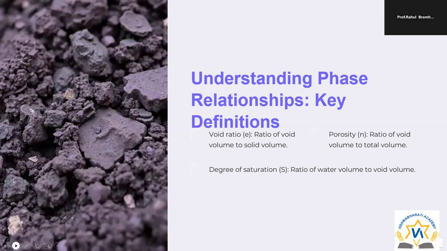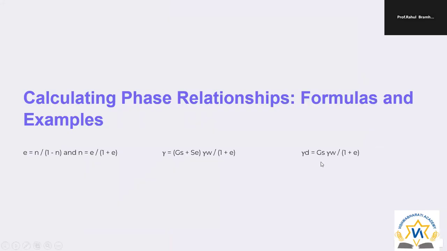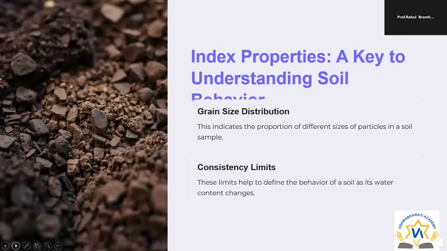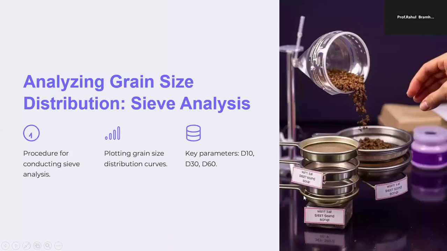Then there are some relations between these index properties. These formulas are used in finding out the properties of soil and their behavior: first formula, second and third. Next is finding grain size by sieve analysis.